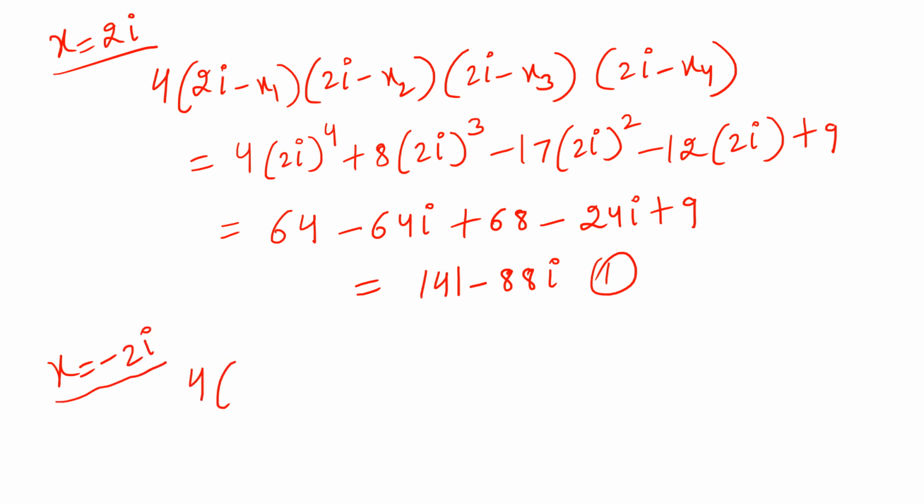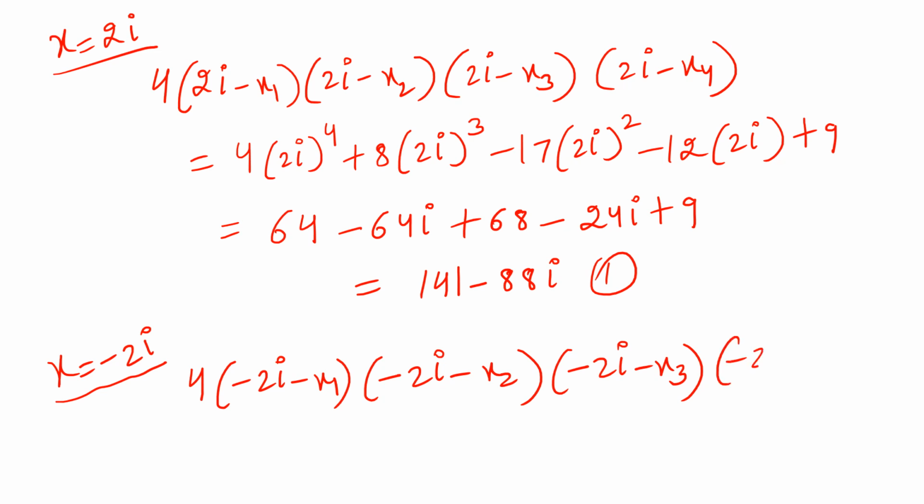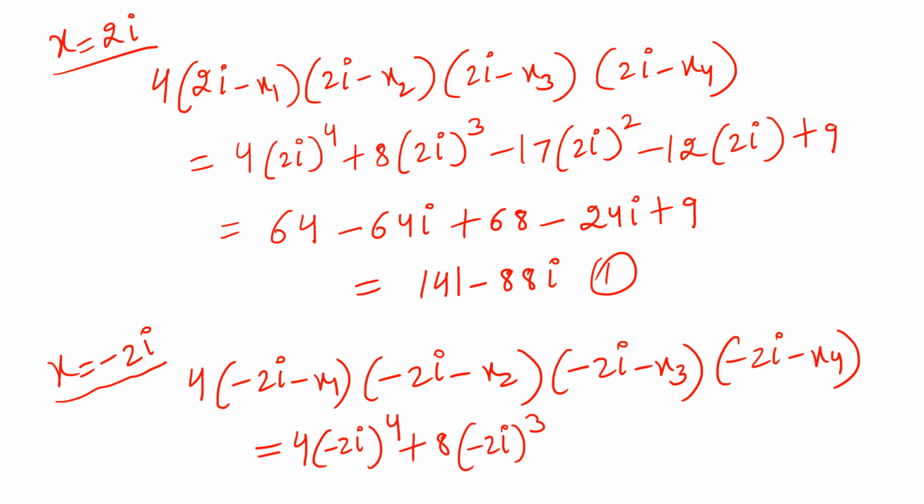I will be getting 4(-2i - x1)(-2i - x2)(-2i - x3)(-2i - x4) on the left hand side, and on the right hand side I will be getting 4(-2i)^4 + 8(-2i)^3 - 17(-2i)^2 - 12(-2i) + 9.